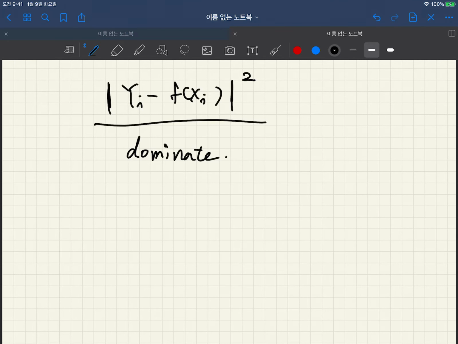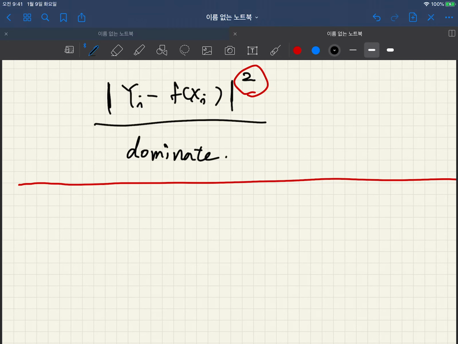On the other hand, with the L1 loss function, because we don't have a square term, the dominance of the outliers is just a minor thing. This is controllable. Okay. All right.